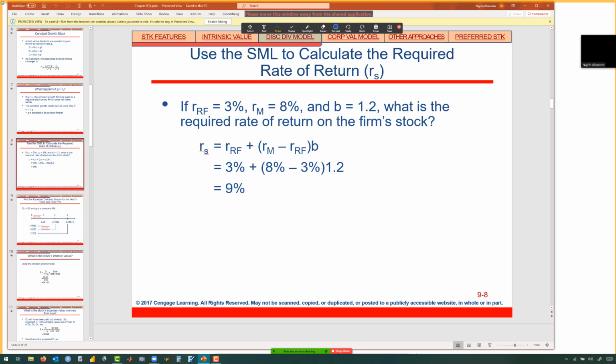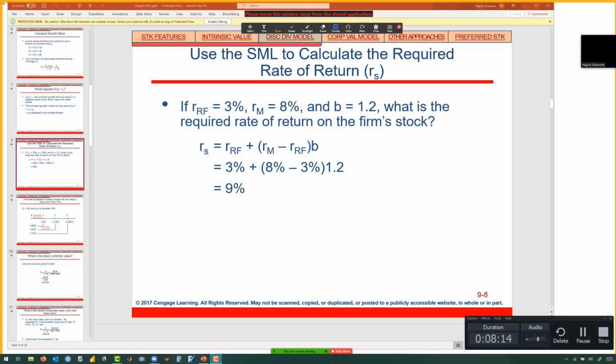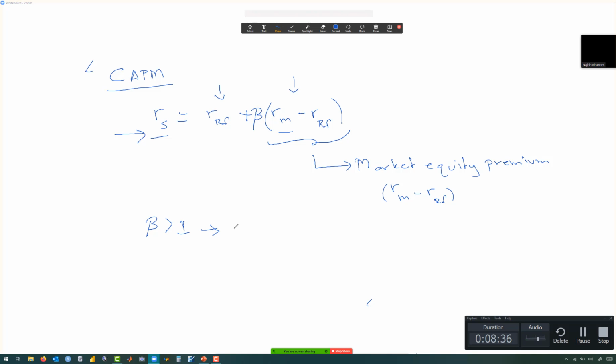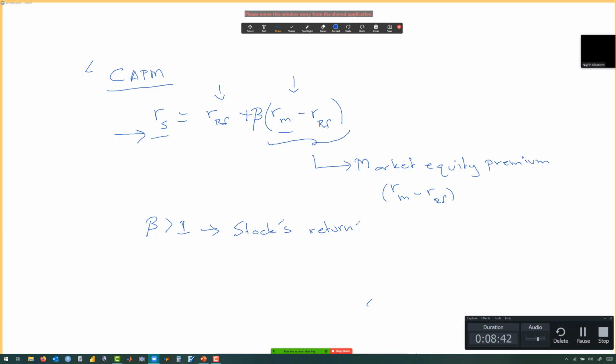Okay. A few notes about the beta. If beta is greater than 1, this means that your stock's returns are more volatile than the market.